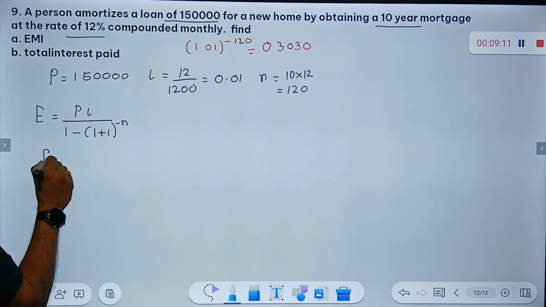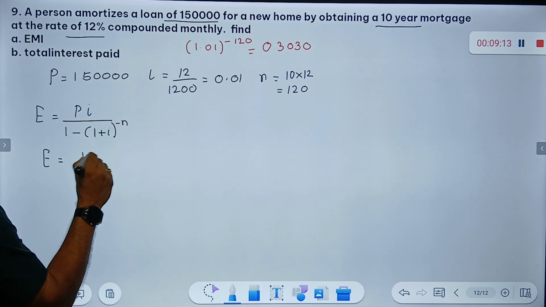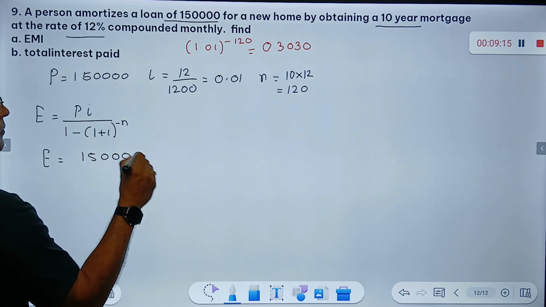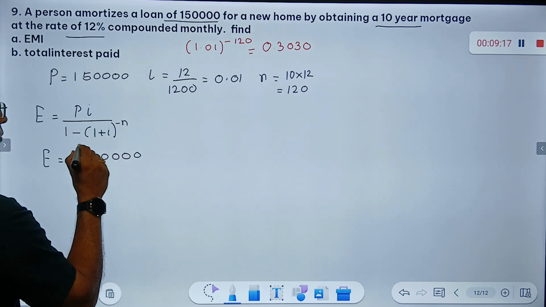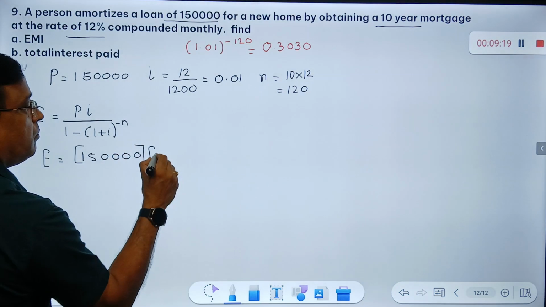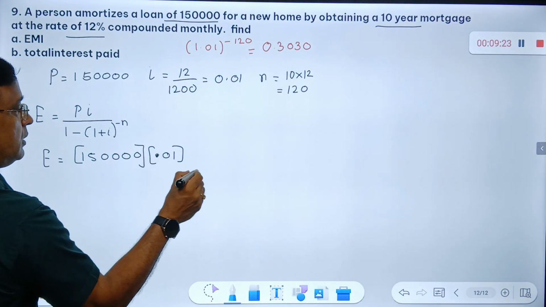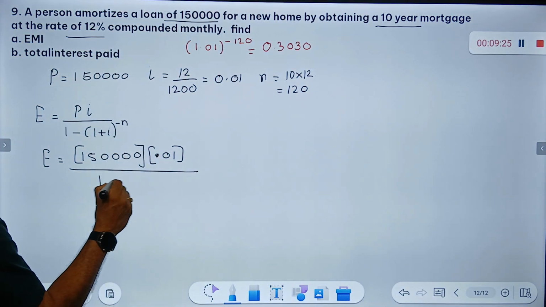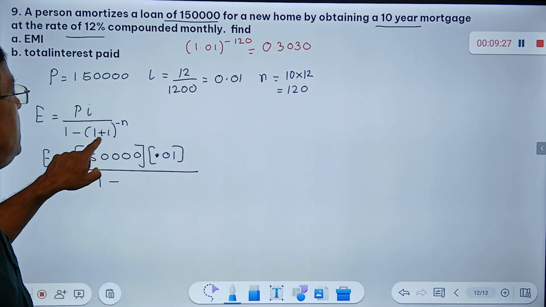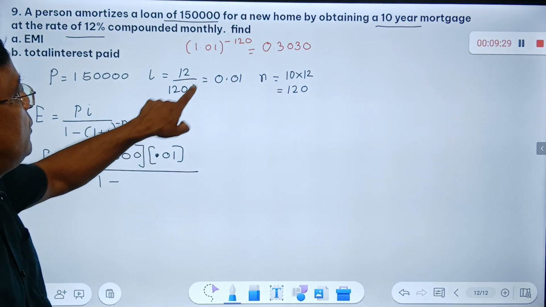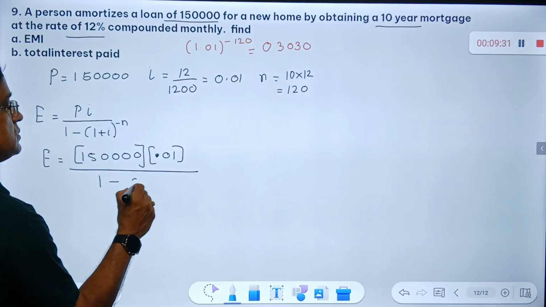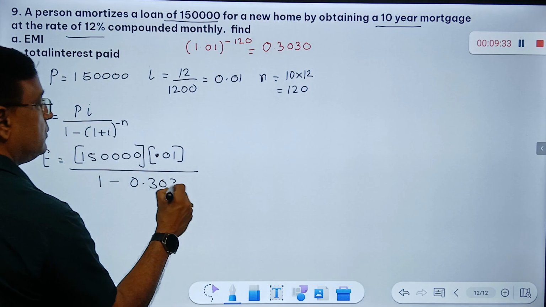So EMI equal to, principal is 1,50,000 into rate of interest, which is 0.01. This is easy multiplication for you. Divided by 1 minus 1.01 power minus 120, the value is given, which is 0.3030.